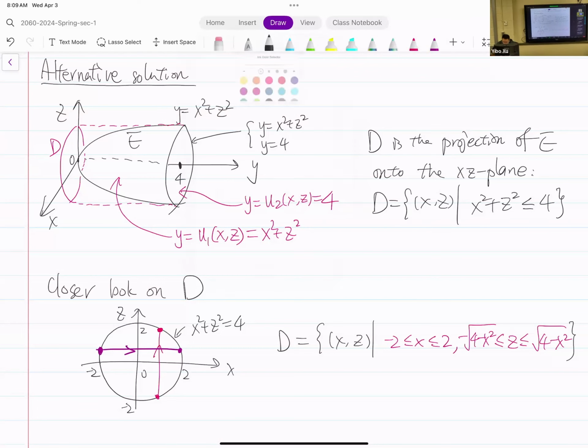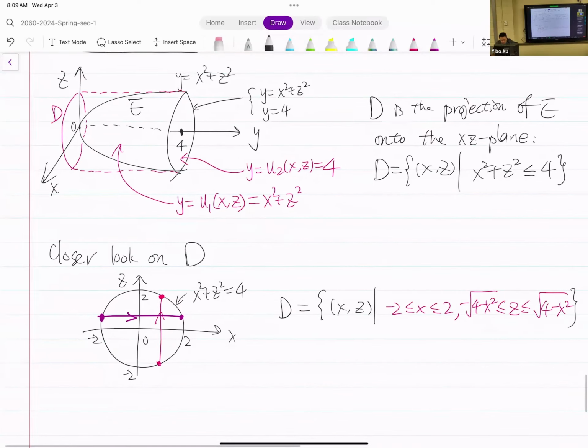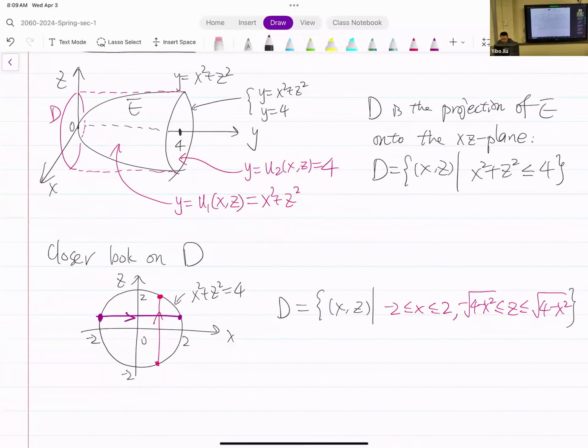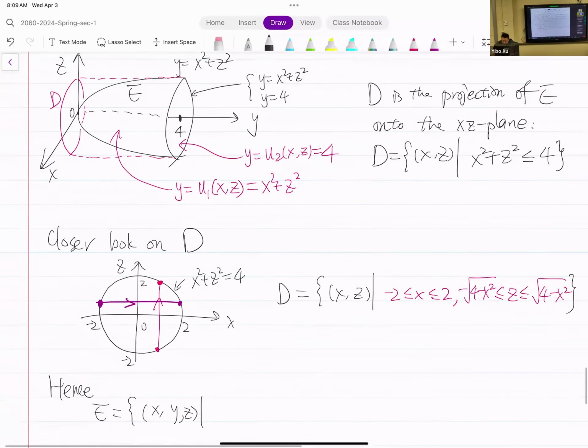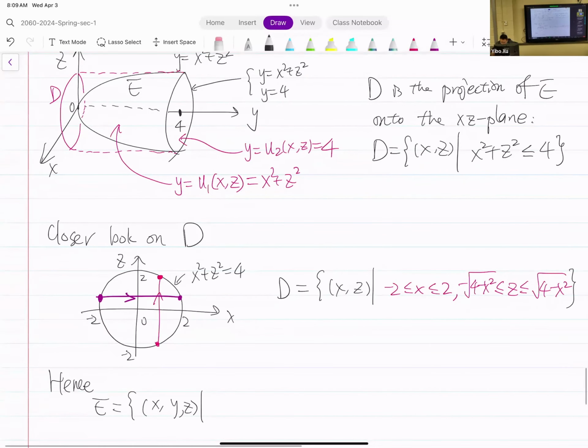So here now we have the description of D clearly, and then we have u1 and u2 as the bounds for the last coordinate. Hence, we can write down the solid V to be all the x, y, z tuples such that, basically, we just use that red description that we have on the right.